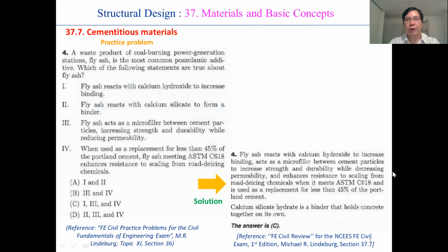fly ash reacts with the calcium hydroxide to increase binding, acts as a microfiller between cement particles to increase strength and durability while decreasing permeability, and enhances resistance to scaling from deicing chemicals when it meets ASTM C618 and is used as a replacement for less than 45% of the Portland cement.